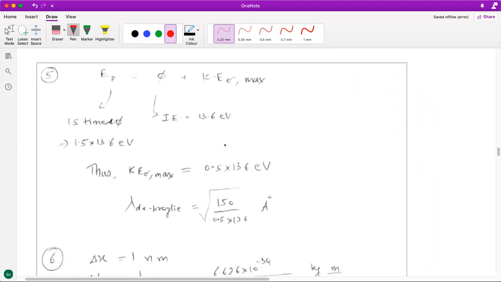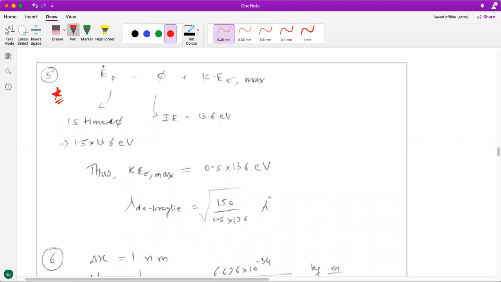Then fifth question, yeah, it's a good question. It's a combination of photoelectric effect and de Broglie wavelength. The language of the question is kind of not easy to grasp, but here you observe. What is happening is that the electron in a hydrogen atom is absorbing a photon and escaping out of the atom, right?